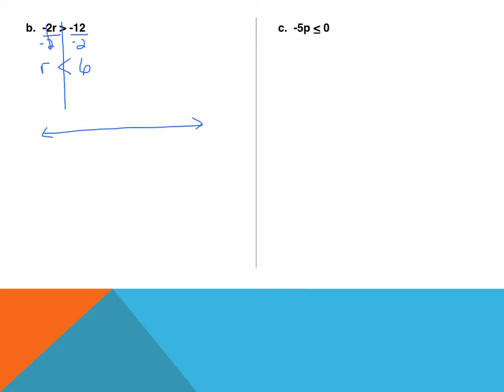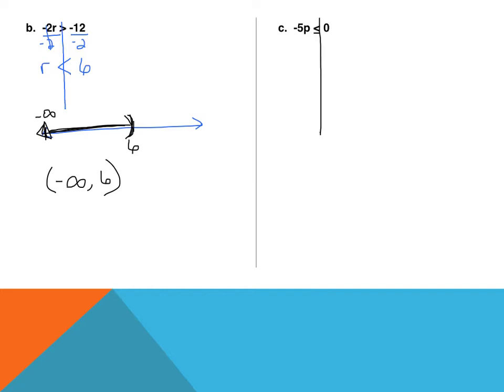Graphing that, less than 6 would give me a parentheses and everything to the left. The arrow represents negative infinity, so my interval notation would be negative infinity to 6, both with parentheses.